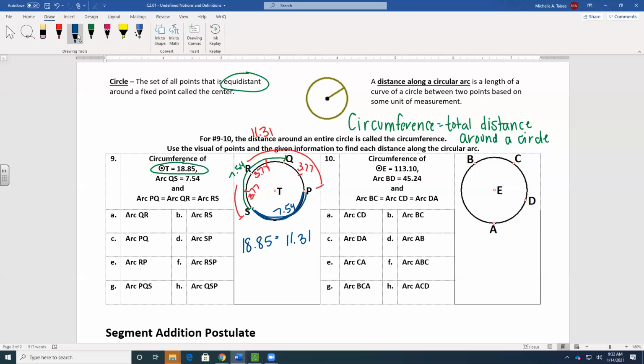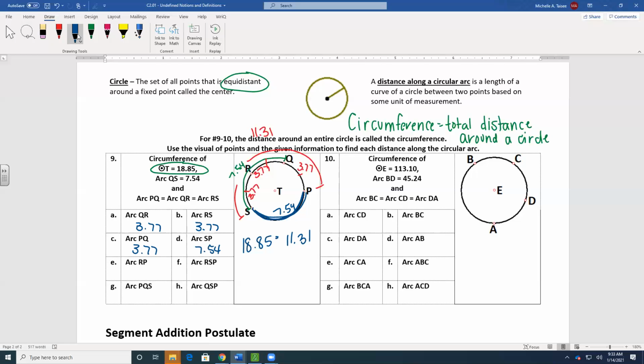So what is the length of arc QR? 3.77. And B, arc RS. And C, arc PQ. All right, how about arc SP, the shorter distance from S to P? 7.54.